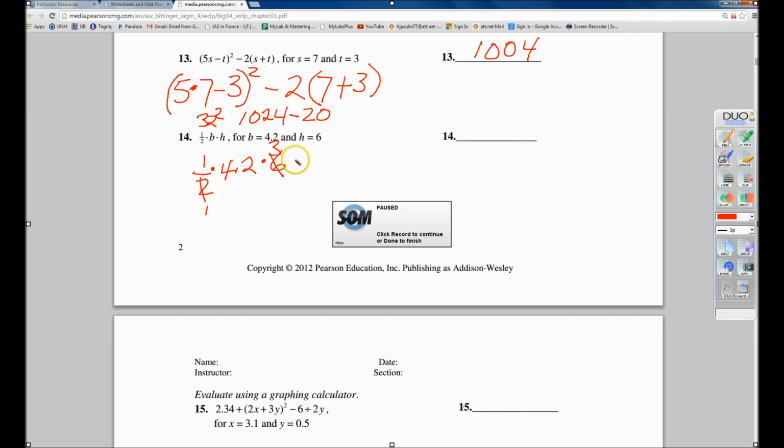So it's just basically 3 times that. So that's going to be 0.6. So 12.6. Now you could have multiplied 4.2 times 6 and then just divide by 2. That will give you the answer there.